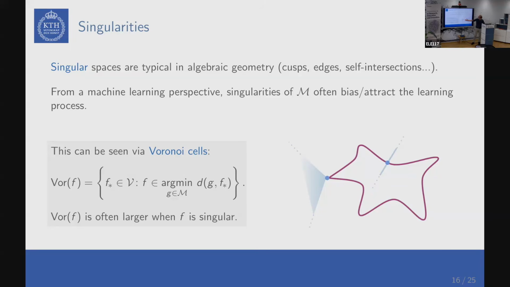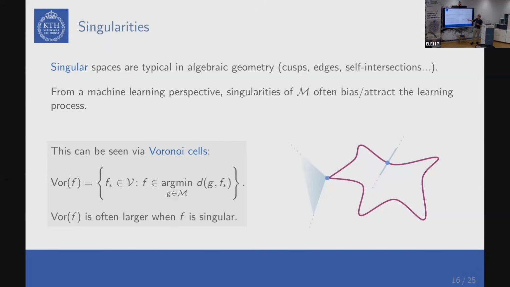And to study this, the best way I see is to consider Voronoi cells. So the Voronoi cells, I have the definition there, but basically in the context of neuromanifolds, it means the Voronoi cell of a point in the neuromanifold, let's take this small blue point, is the set of all ambient points, so of all ground truth functions, such that this point solves the distance minimization problem.